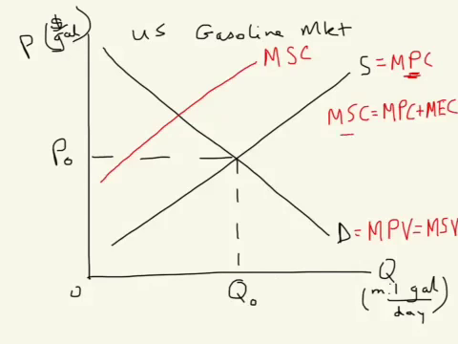And indeed, as this equation suggests, the vertical distance, I'm just going to draw it right here above the market equilibrium quantity, this vertical distance between the marginal private cost at Q naught, that's read off of the marginal private cost curve, and the marginal social cost at Q naught, this is the marginal external cost. And I've drawn a case where the marginal external cost is just constant, or I tried to draw that case. Marginal social cost and marginal private cost are just parallel. That isn't necessarily the case, but it's just the easiest one to graph.